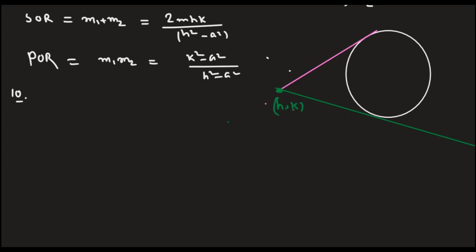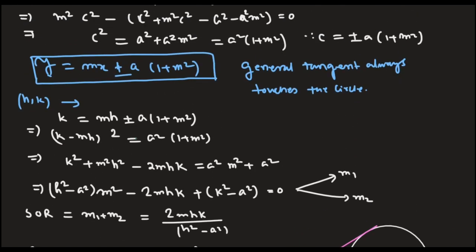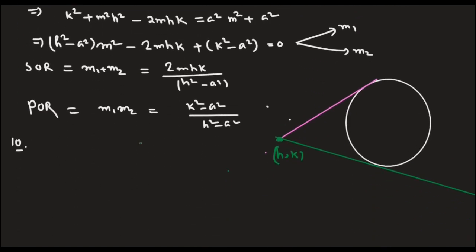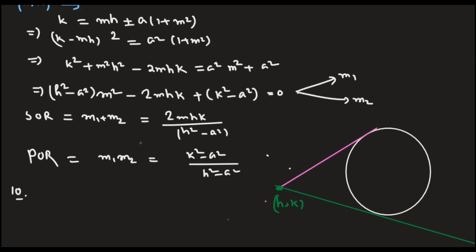Here we notice that if you take the equation of any one of the tangents and it passes through h comma k, then we have two values of m. One I am calling m1, and the other value I am calling m2. So we have two values of m. Two tangents can be drawn from any outside point.